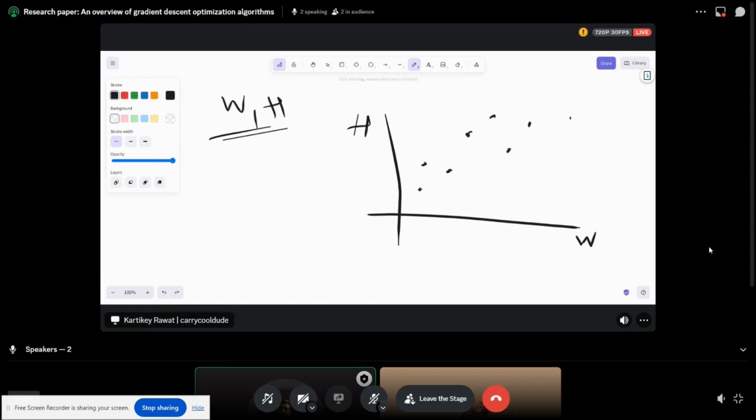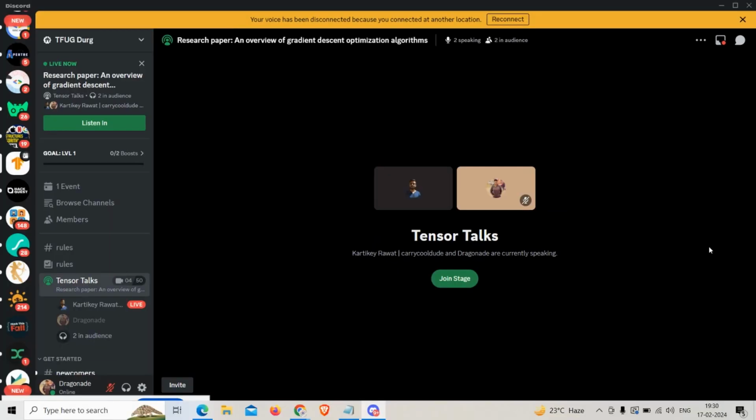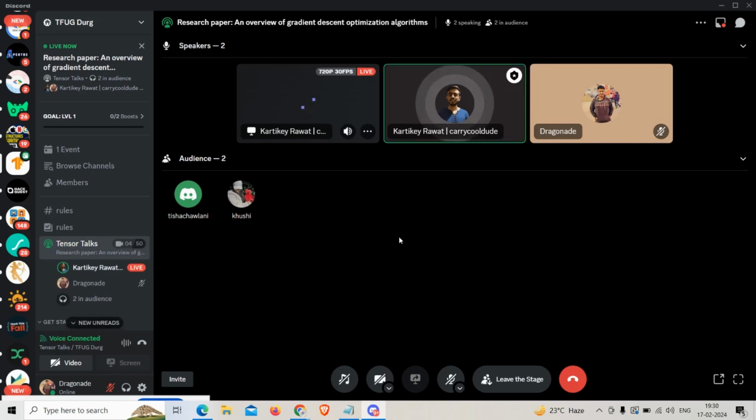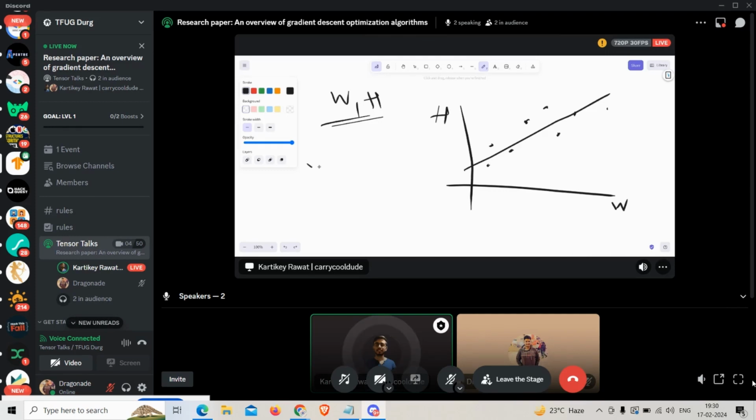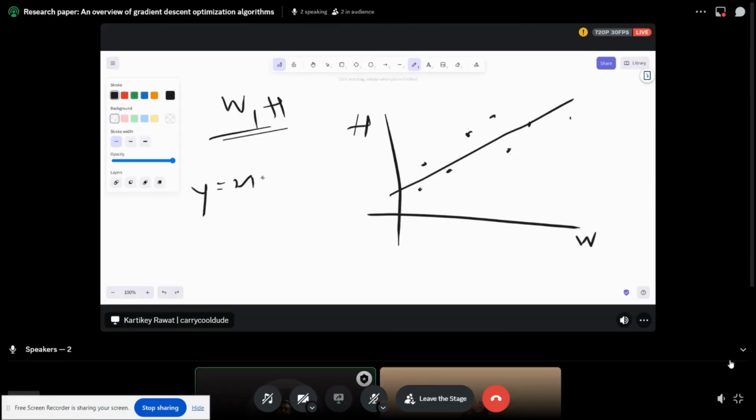These are some data points for now, and think like there is a random line created in between the data points. When we say what is the equation of a line in mathematics, that is y equals mx plus c.